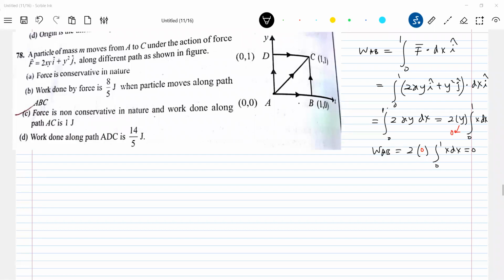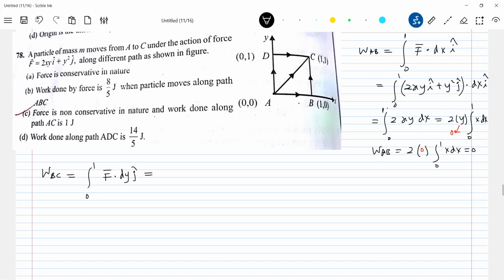Work done along the path BC. It's just a procedure, nothing more. There's no concept, it's just a mathematical procedure. Now, when you're moving from B to C, what should be the limit for y? 0, 1. So I'll start like this. F bar dot dy j cap.